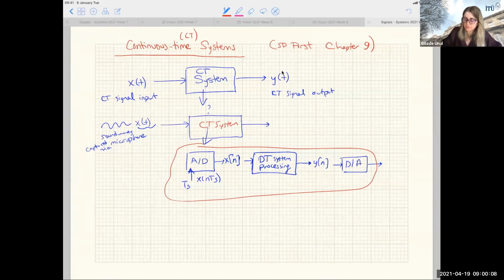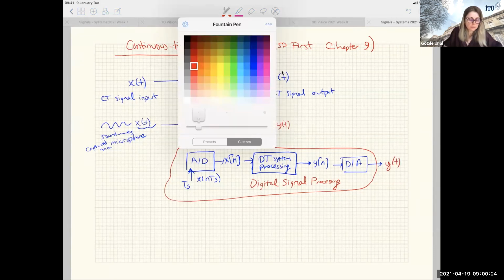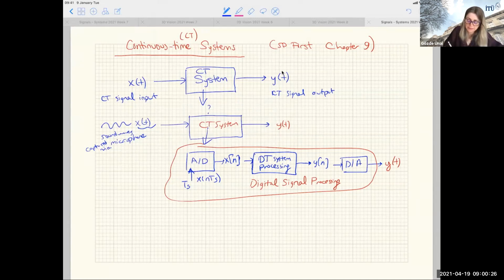This is digital signal processing, so digitized. We've been looking at this in discrete time systems. Here, then, this was y of t. But there are also, of course, analog systems like, for instance, circuits, right?